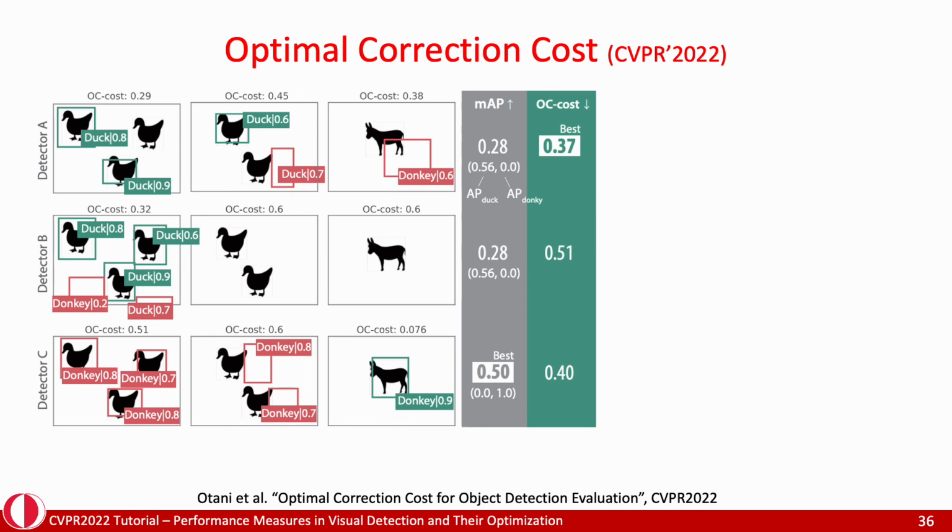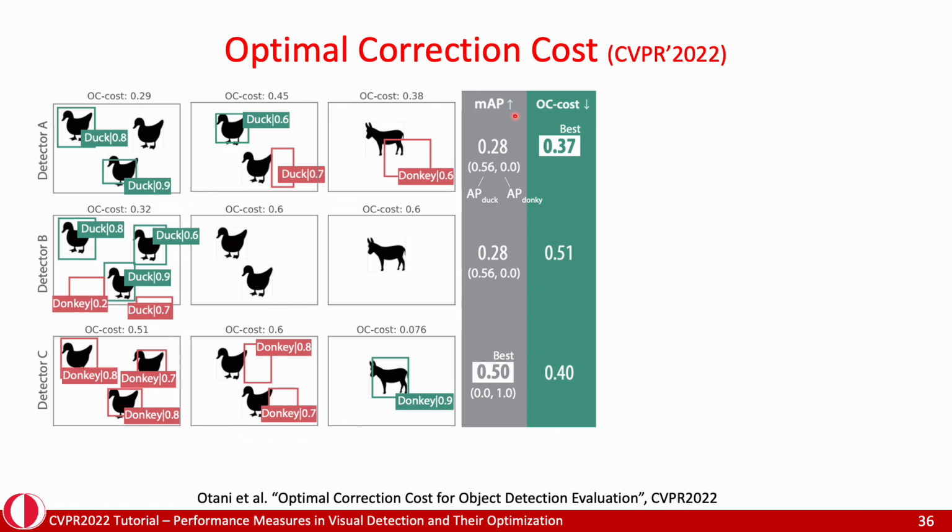The last performance measure we present in this tutorial is the optimal correction cost, which is from this CVPR paper. Authors in this paper start by illustrating deficiencies of AP very well. This example from the paper shows the output of 3 detectors on 3 different images. So each row is a different detector and each column is a different input image.